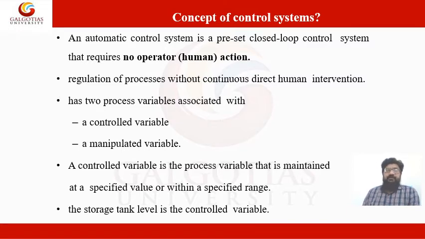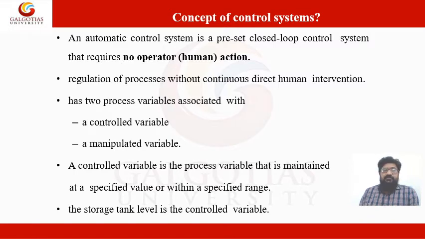So everything should take its role and play sufficiently so that our output is as per the desired value. So in control system, we can say that it is the regulation of a process without human intervention. The system is designed in such a way that it takes care of itself.